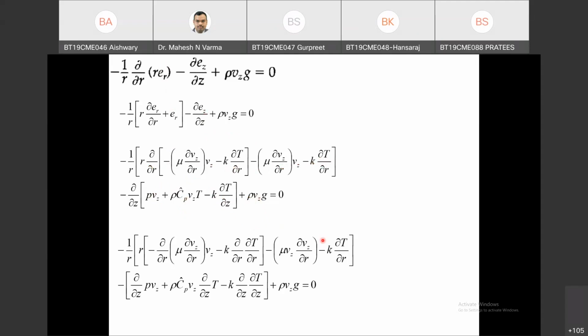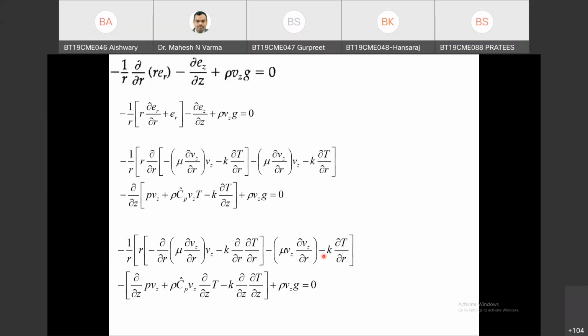Now next step. This differential is distributed here, and this differential is distributed here. This is as it is.